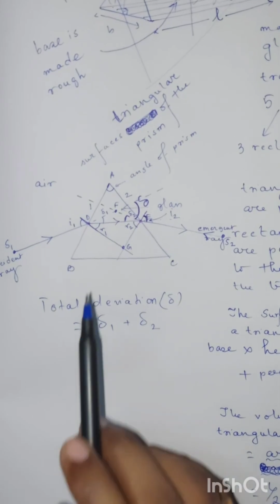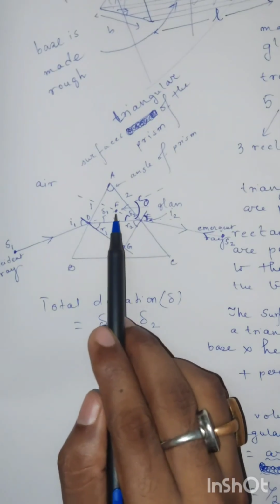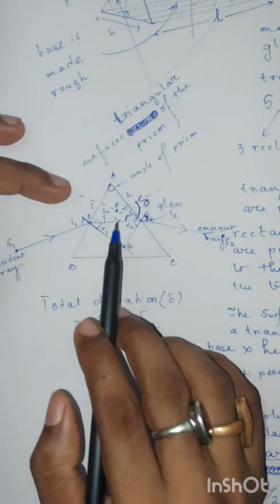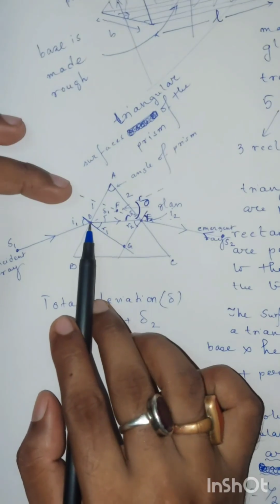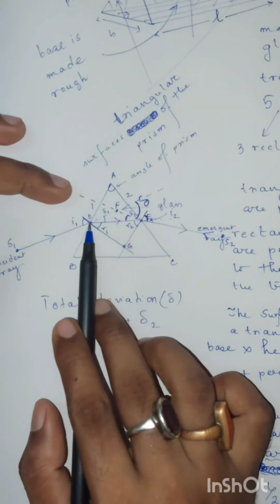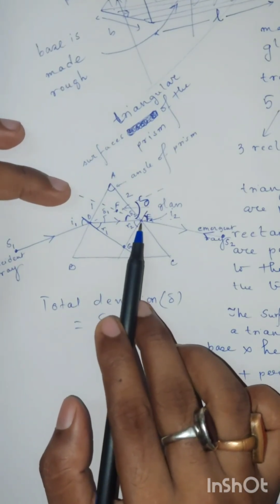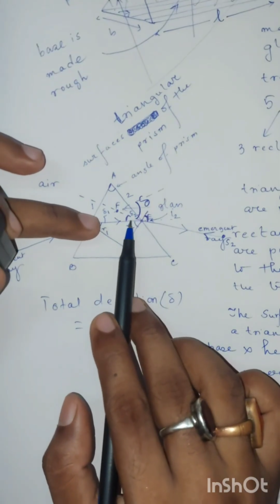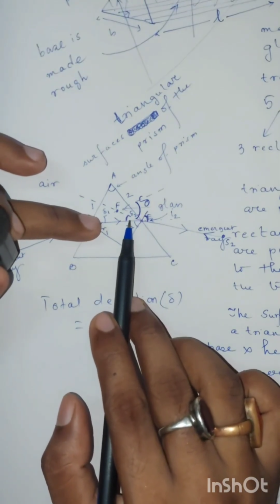So we can see that in this triangle, DE, in this triangle, this angle is equal to the sum of these two angles. Why?